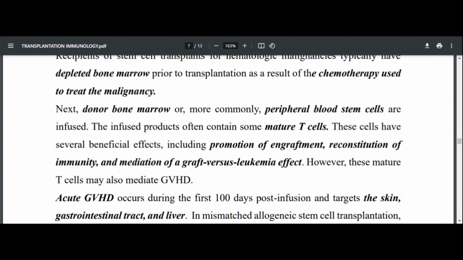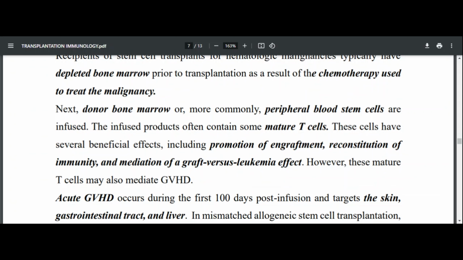The infused products often contain mature T lymphocytes, and these cells may have several beneficial effects, including promotion of engraftment, making sure the tissue is going to survive. Another is reconstitution of immunity, which is the restoration of that patient's immunity.